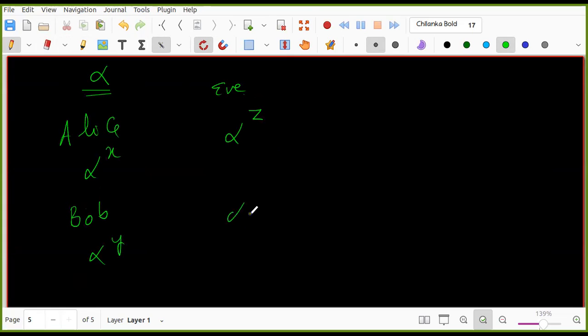Again, she computes alpha power z only. Now she sends it to Bob. Now Bob, what will he do? Alpha power yz, alpha power xz. So it is also not working.